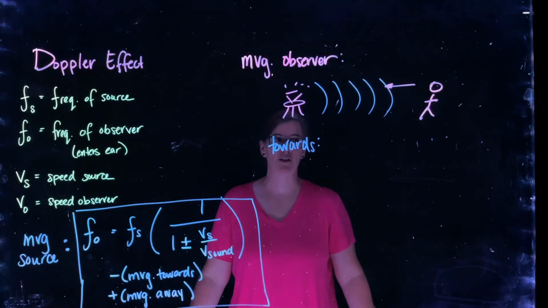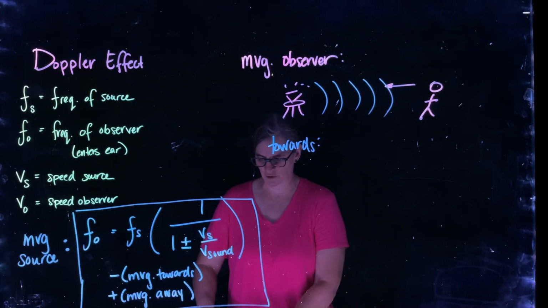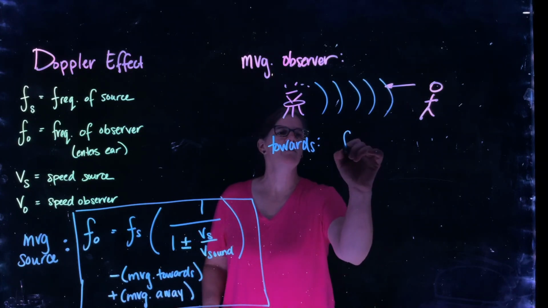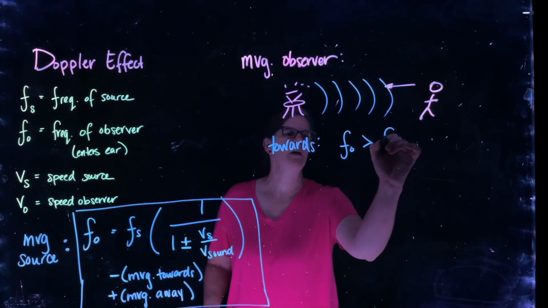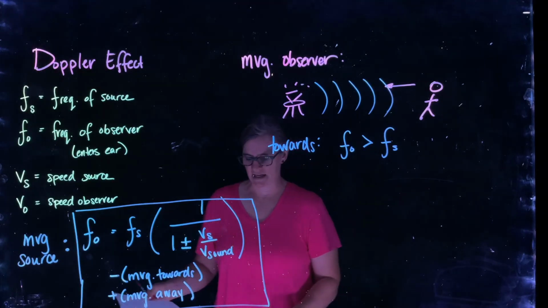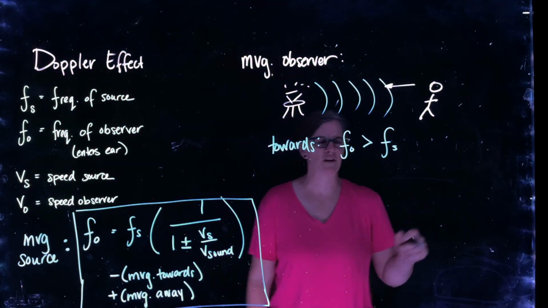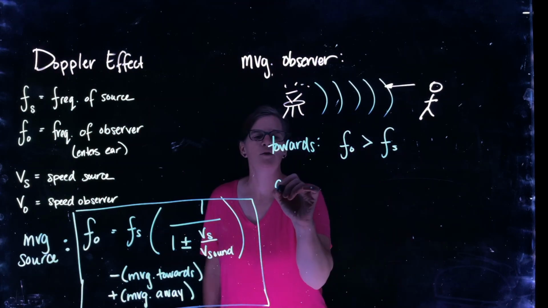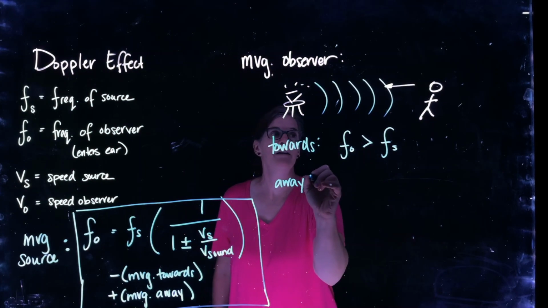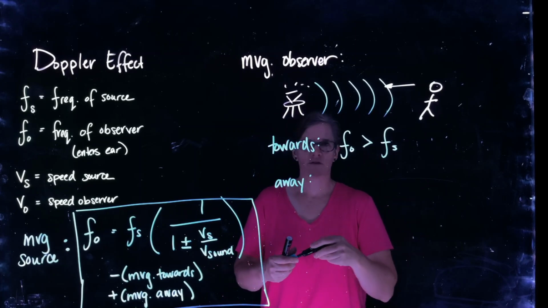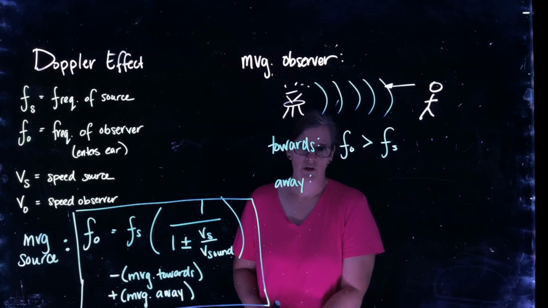So the frequency you observe must be greater than the frequency of the source if you are walking towards and hitting those wavefronts quicker.